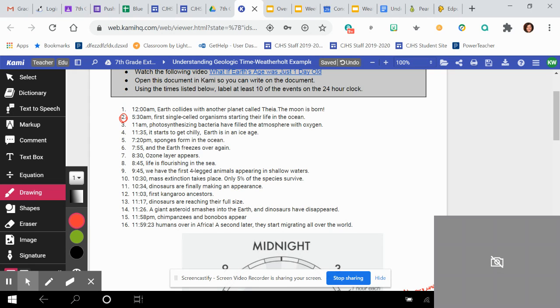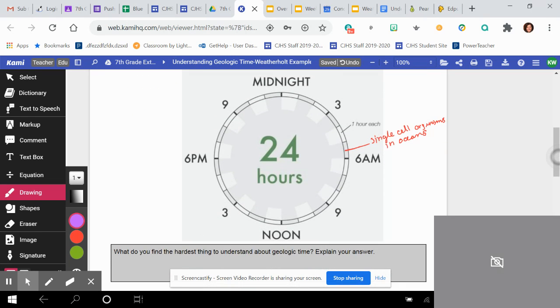Okay, let's do another one. Why don't we skip on down and maybe do this one where 7:20 p.m. sponges form in the ocean. So I'm going to skip down here.